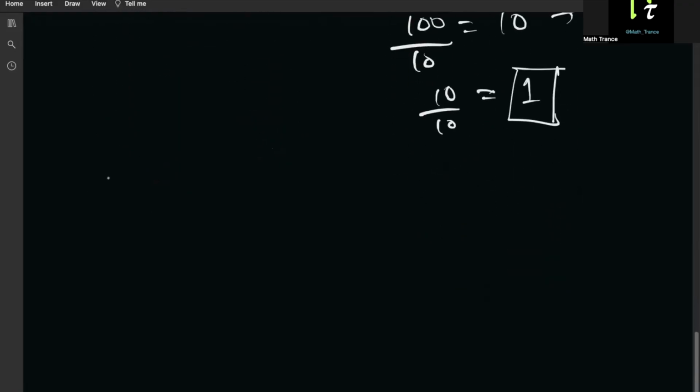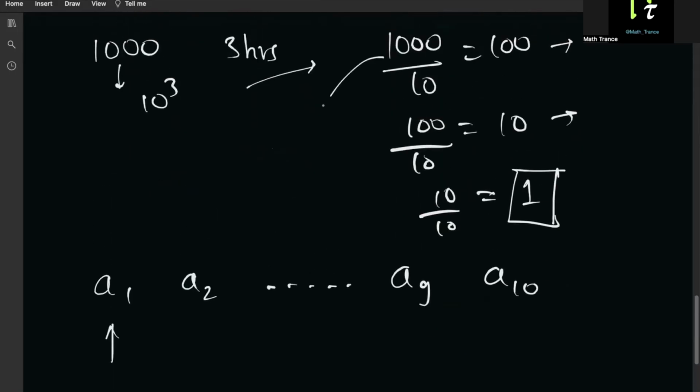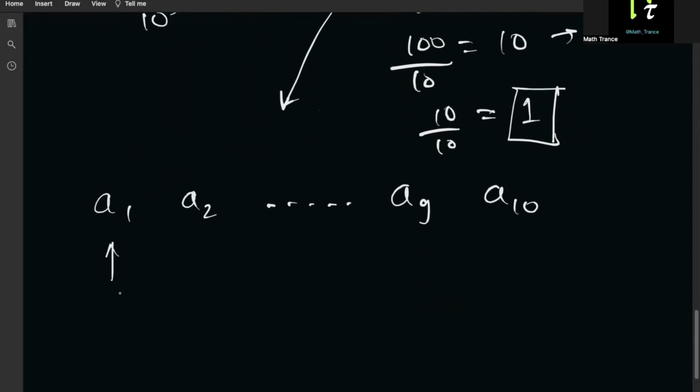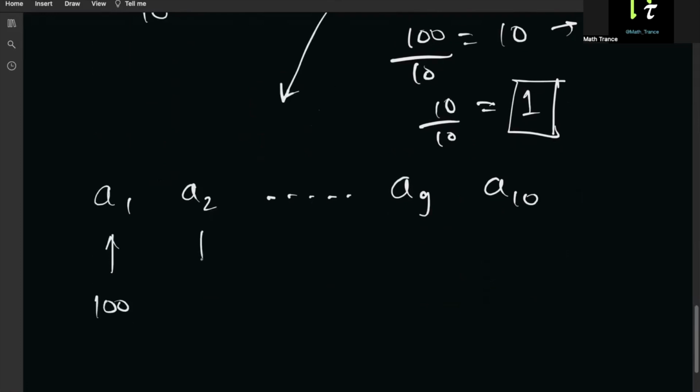Okay, so I'm naming the rats as A1, A2 up till A9, A10. Okay, so what this means is I will feed 100 bottles to rat 1, next 100 to rat 2, so 100 bottles to each rat.